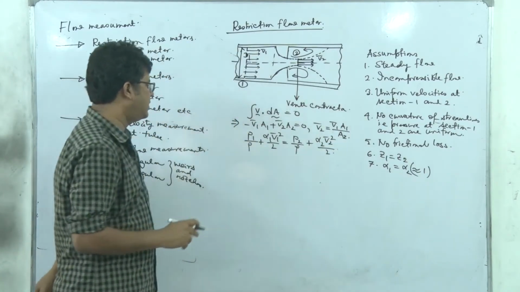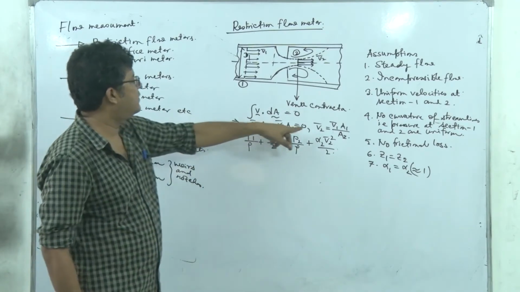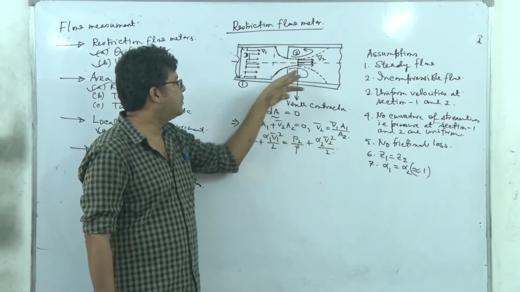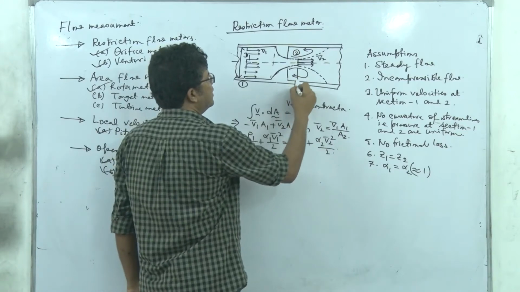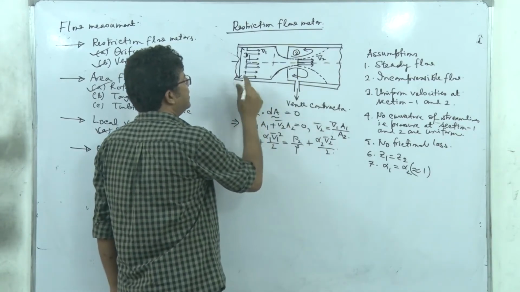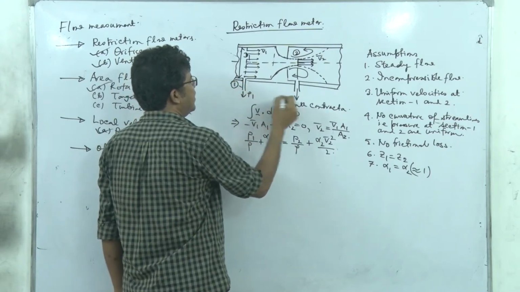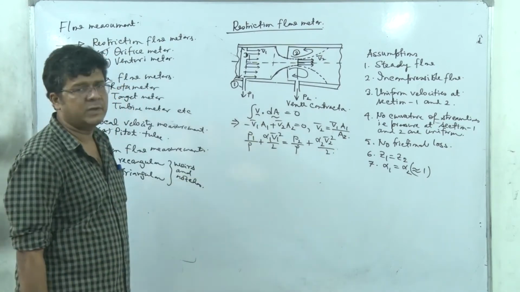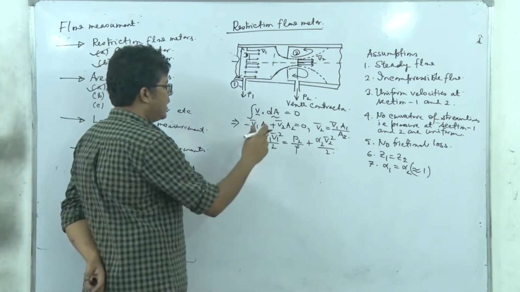So we are considering turbulent flow. And you see that as this area is reduced, the velocity will increase, so P2 will decrease. So if I measure the pressure here, let's say this is P1, and here it is P2, from the difference of P1 and P2 we can calculate the volume flow. So how can we do that?